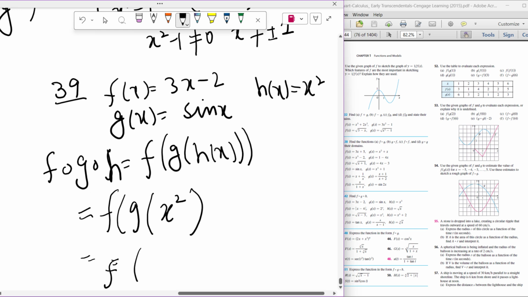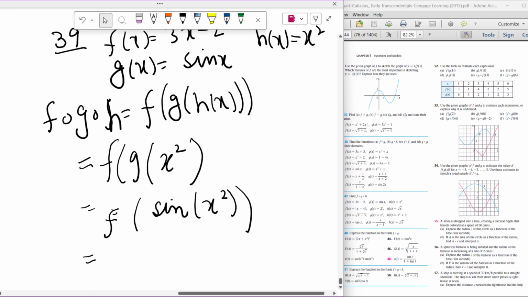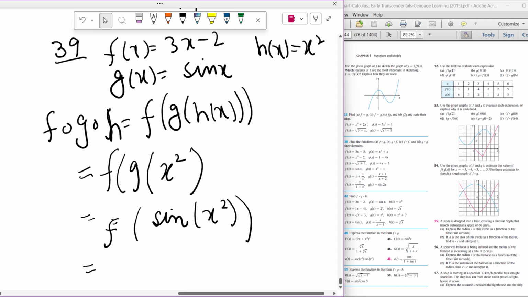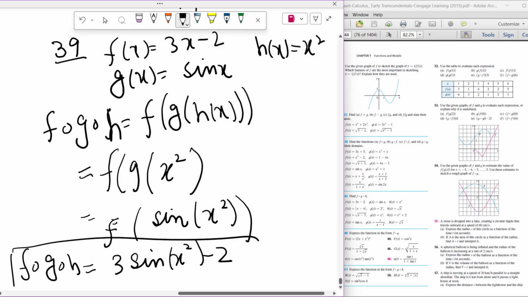Then it will be equal to f of sine of x squared. Now put the value of x in f of x, that is equal to 3x minus 2. So 3, instead of x, I will put sine x squared, minus 2. So this is f of g of h.